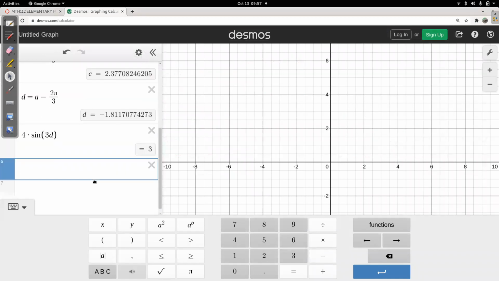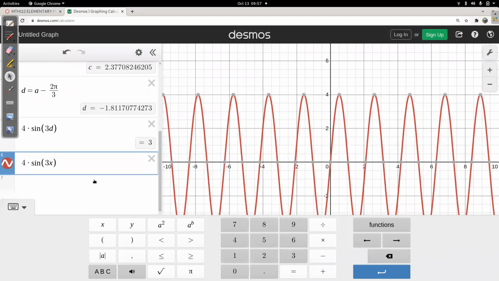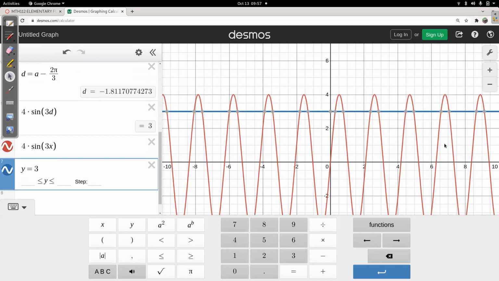So I want to graph 4 times the sine of 3x, which gives me that crazy wave right there. And I want to know, let's say that's y equals, I guess I don't really need to say y equals there because it's assumed. But to get the other side of the equation, 3, I definitely have to do y equals 3. And so then any of these intersection points are the ones I want.